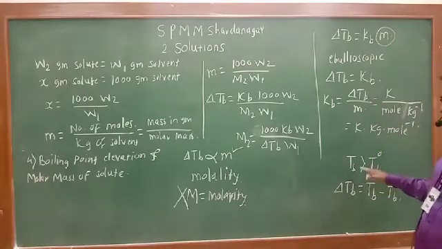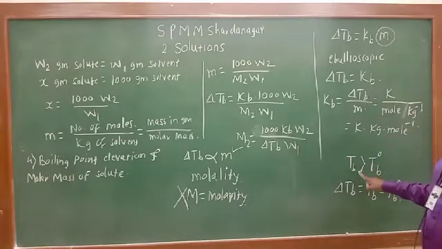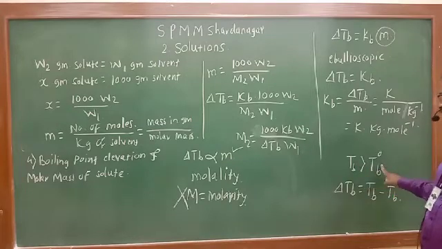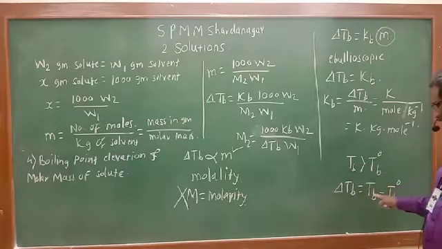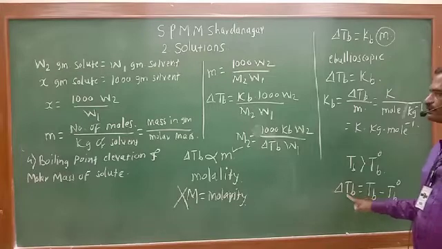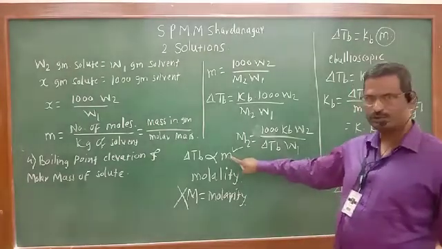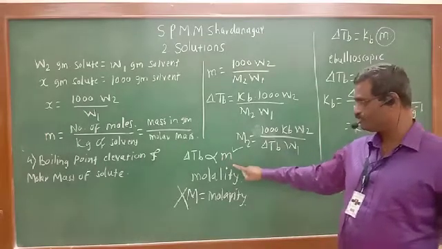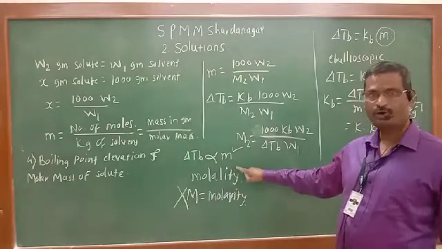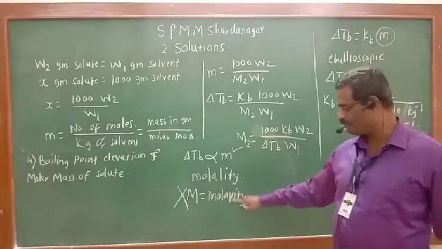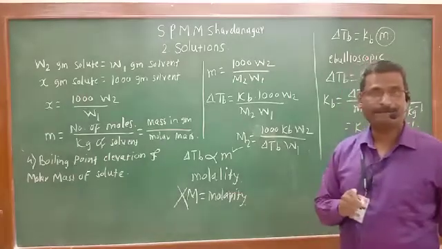We know TB is the boiling point of solution and T0B is the boiling point of solvent. The boiling point of solution is greater than that of solvent, so the difference TB minus T0B is known as the elevation of boiling point. That elevation of boiling point is directly proportional to the molality, small m, of the solution. Why is capital M molarity not taken?